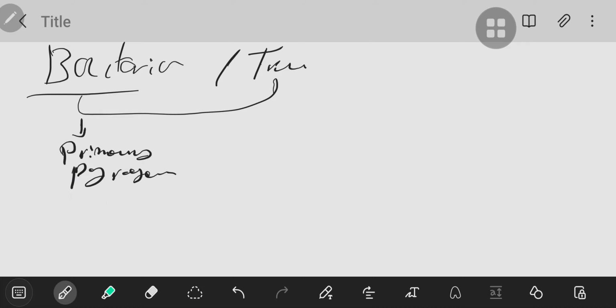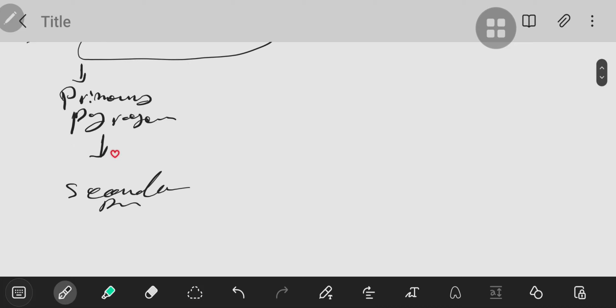From the primary, it leads to activation of the secondary bioregion. Of course, between the primary and secondary there is one step. If you mention it, it's good. If you forget, just say primary and then secondary bioregion.